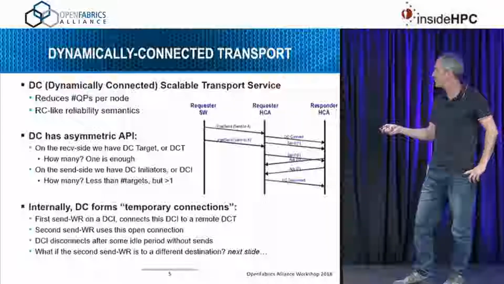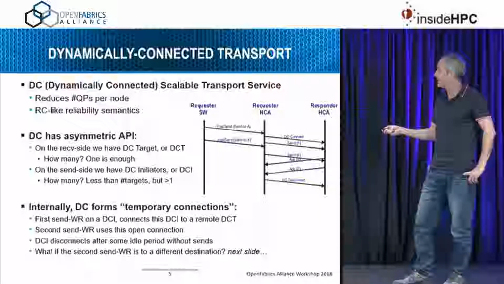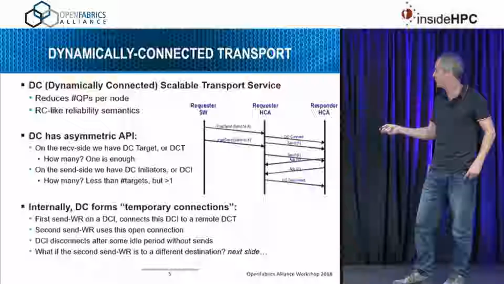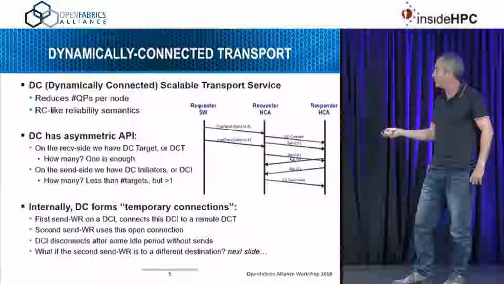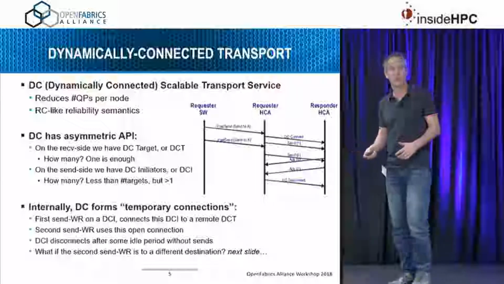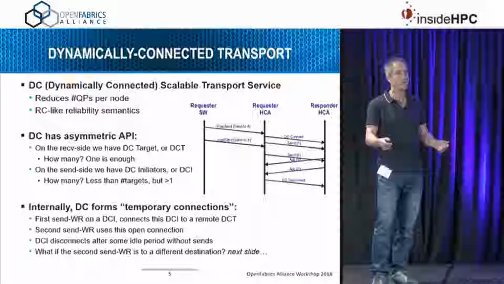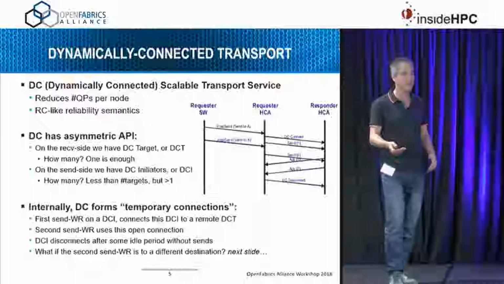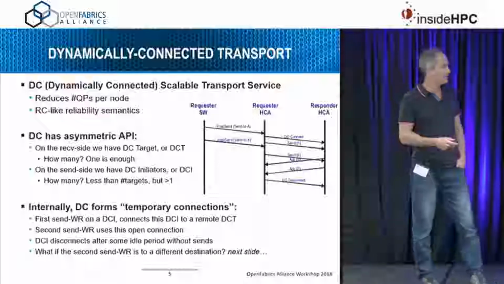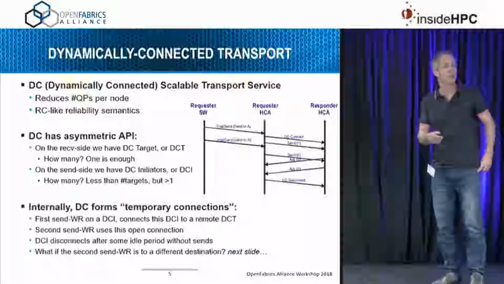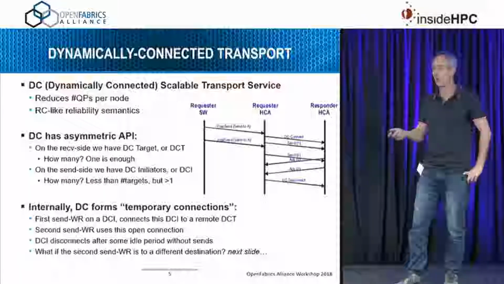The DC will issue a connect, send a request, send a second request, and assuming the connection and everything was successful, there will be an ACK and potentially an immediate disconnect. So it is a very short-lived connection. Hardware will manage the connection in order to maintain the reliability and be able to immediately connect to a different DC target.